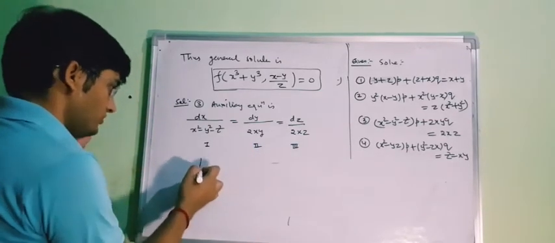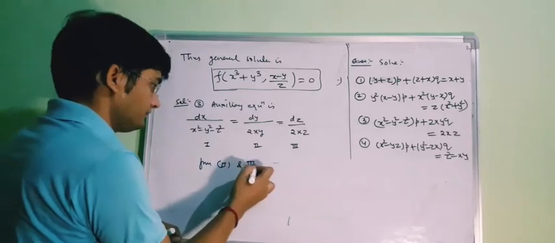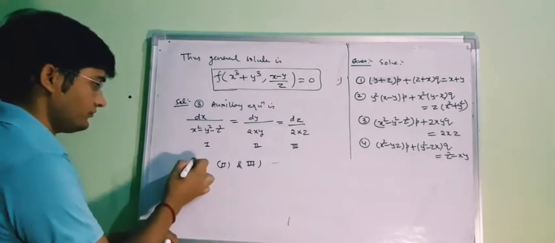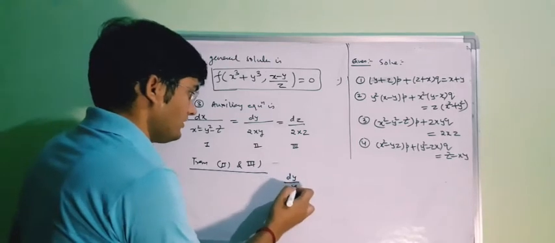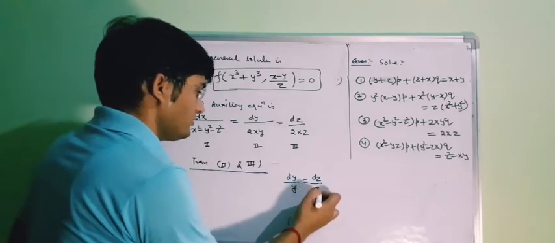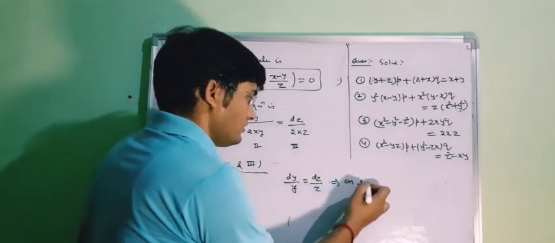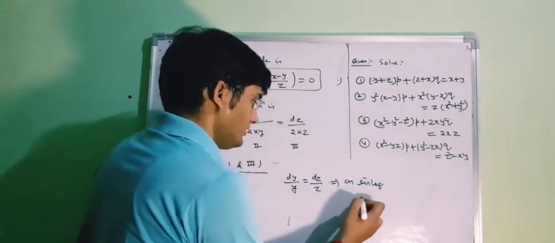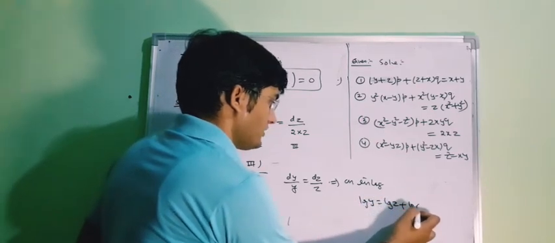From second and third we will get dy upon y is equal to dz upon z. So on integration we get log y equal to log z plus some constant of integration.